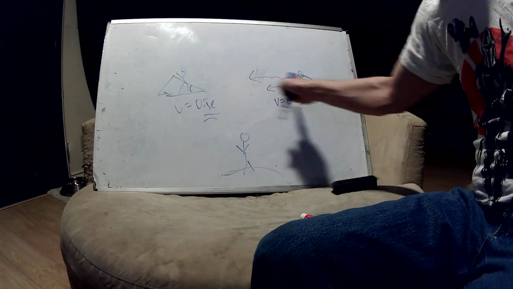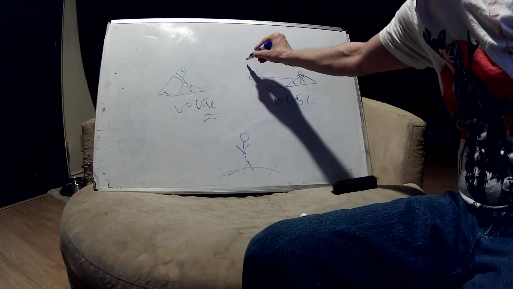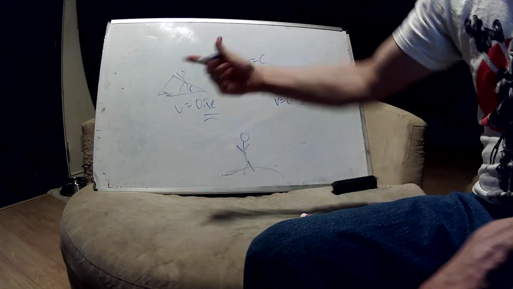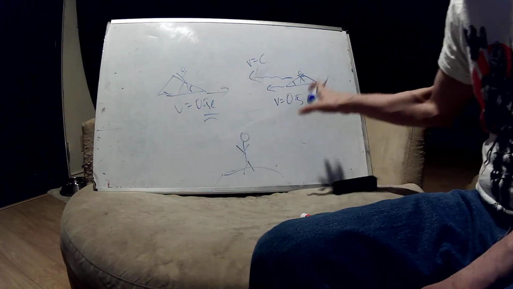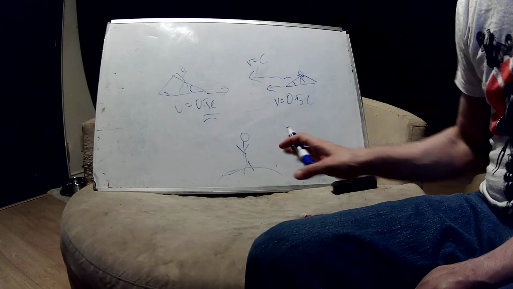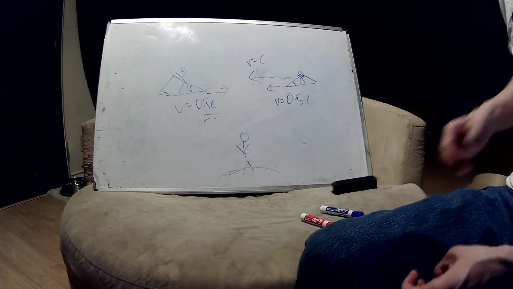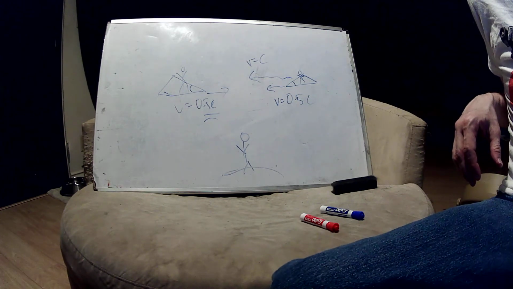So even if you're moving at relativistic speeds going towards or away from this beam of light, it's going to look like this beam of light is moving at the speed of light, regardless of your relative velocity to it, your frame of reference, or whatever. The speed of light is invariant in all frames of reference.